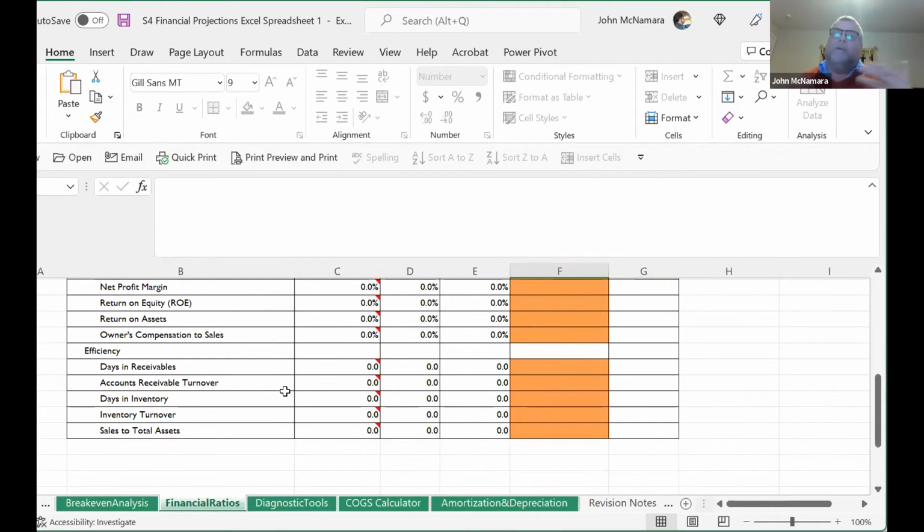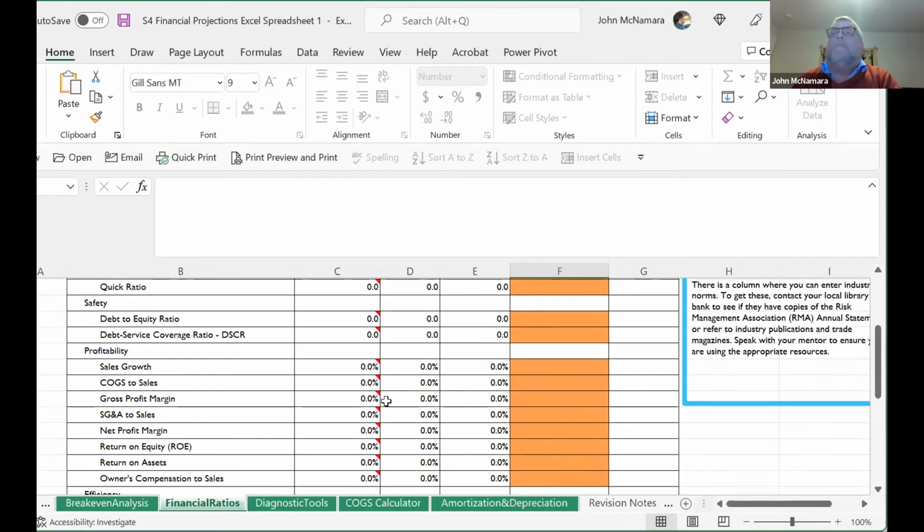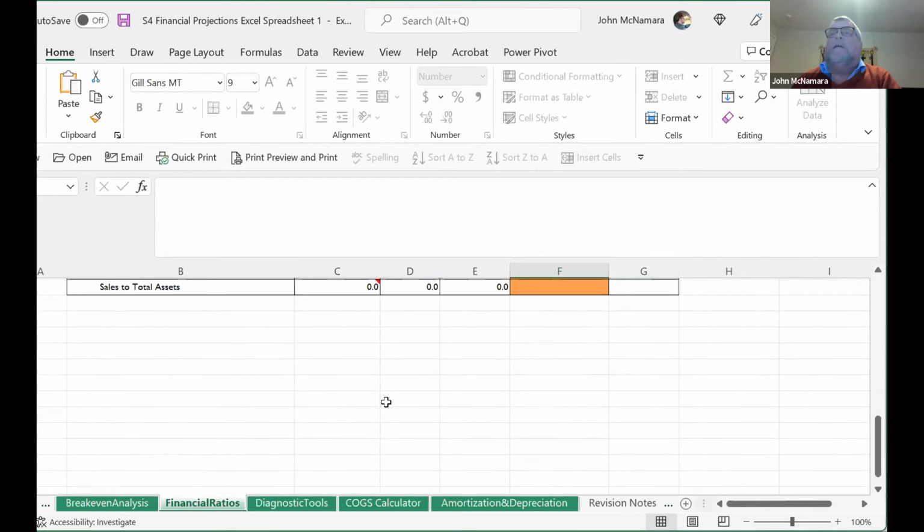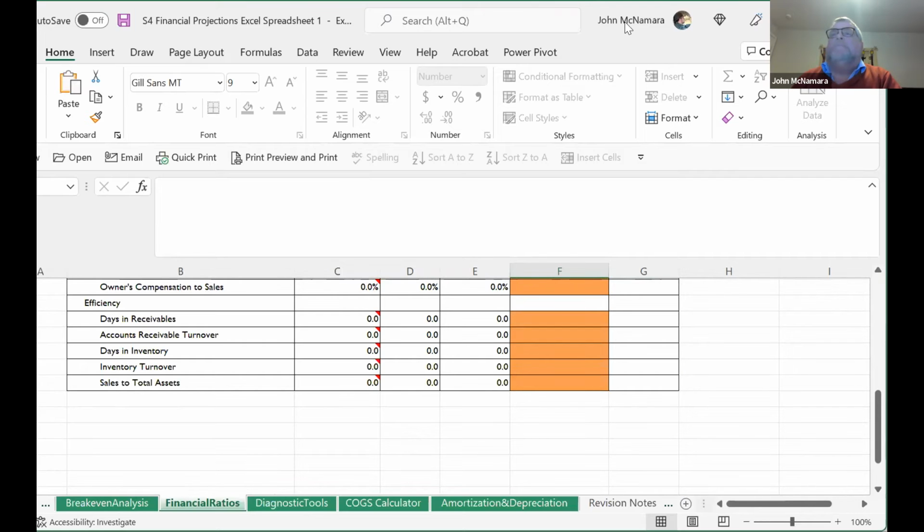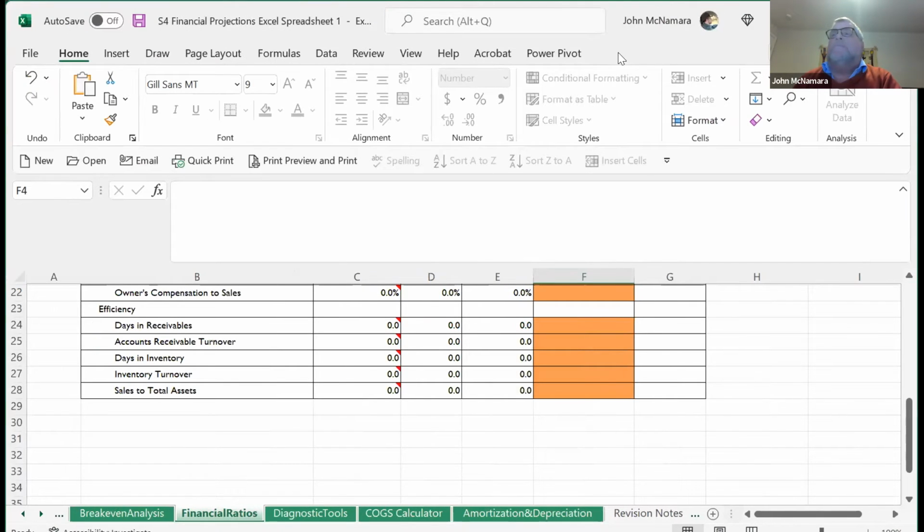Not all of these are going to be relevant for co-ops, but they are still generally valuable to look at, just to get a sense of the overall health of your organization. And yeah, it's a really quick run through of this, but I wanted to make sure people had it.